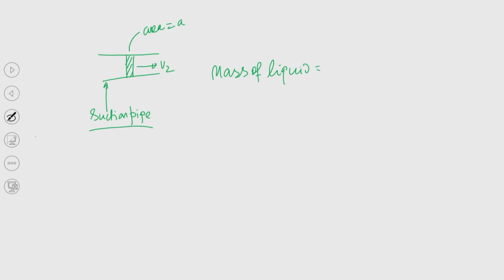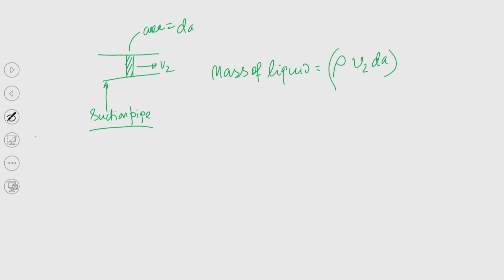If I take a small area dA, it should be rho V2 dA.